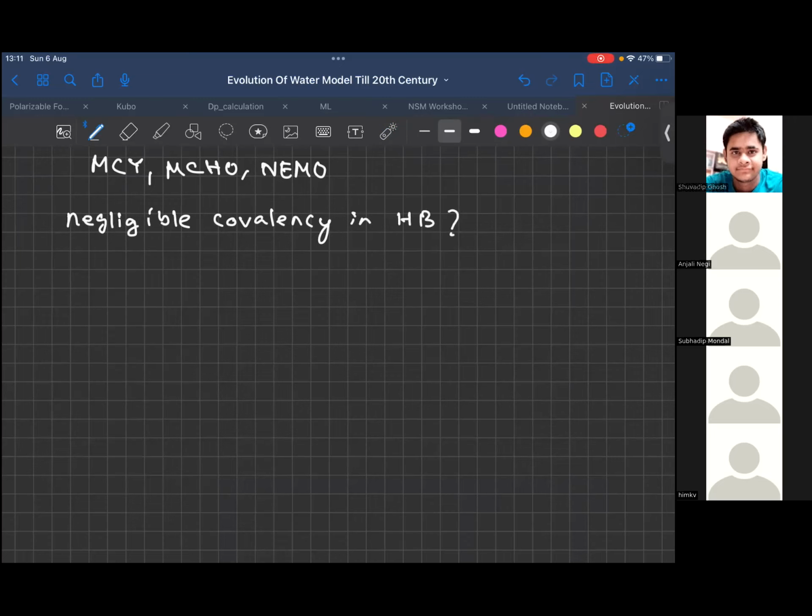This question came to people's minds because an X-ray experiment in 1999 came out. In that paper, they concluded that the hydrogen bond in ice is partly covalent.